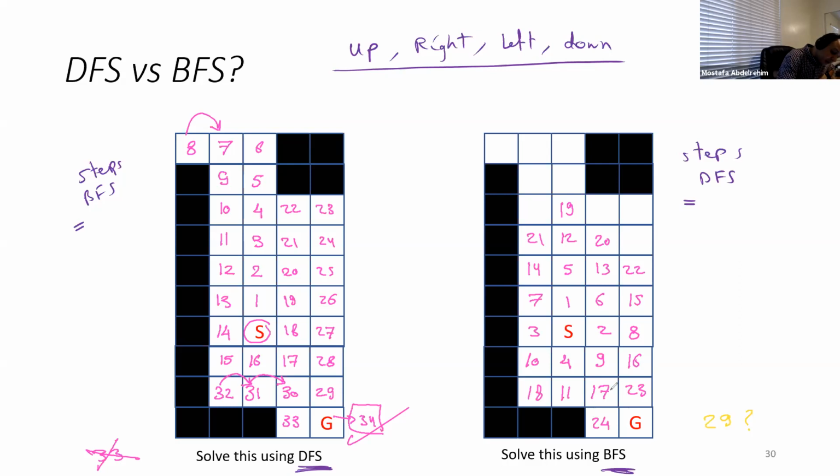Then we are looking for 18. Then 19, where is 19? It's in here. So 25, 26, 27.